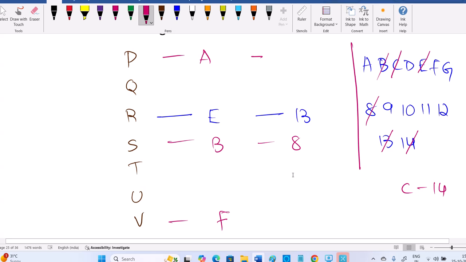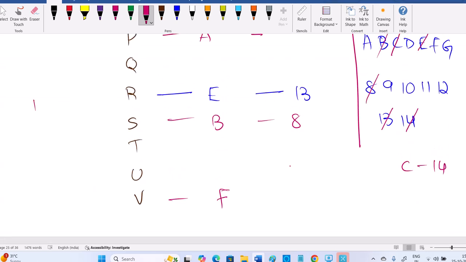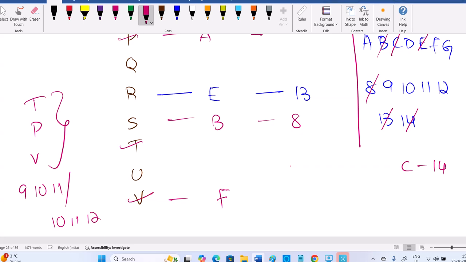So we have three consecutive dates for those three people, T, P, V. TPV is taking 9, 10, 11 or 10, 11, 12. So T, P and V.